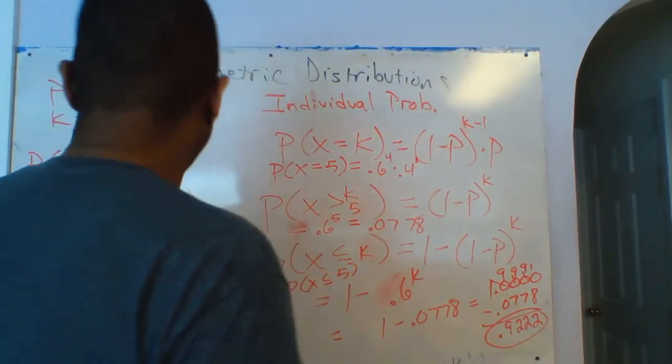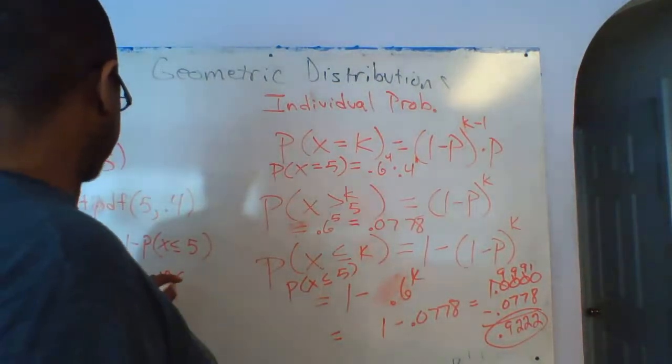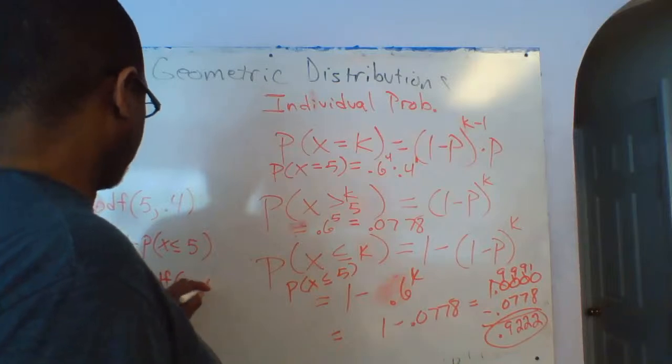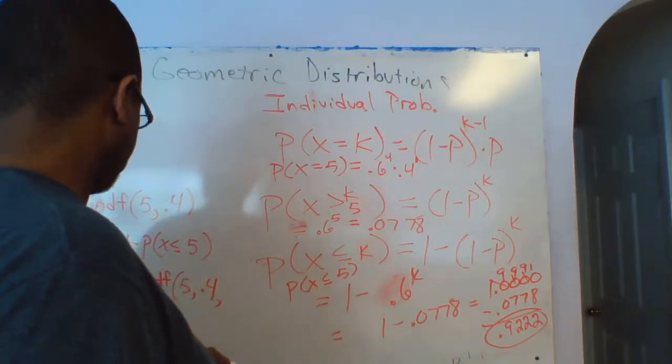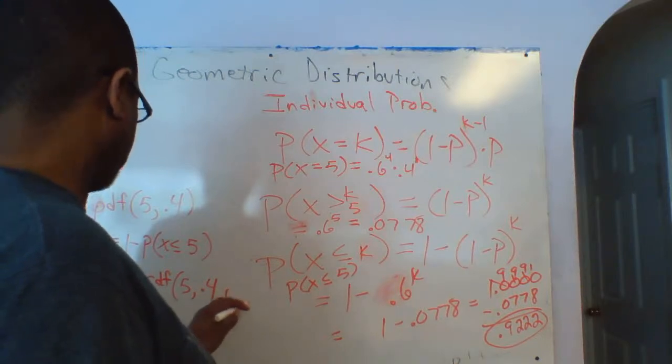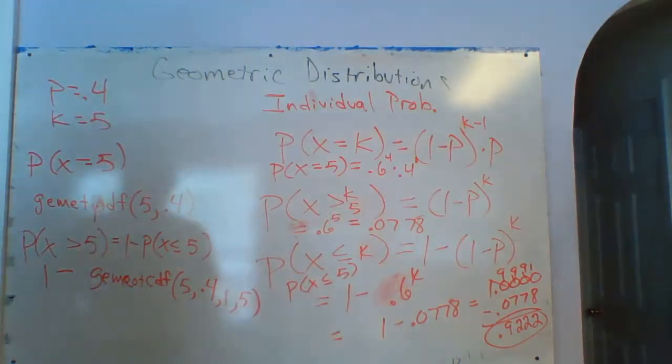Then you want to do 5 and 0.4, and you want to do 1 and 5.